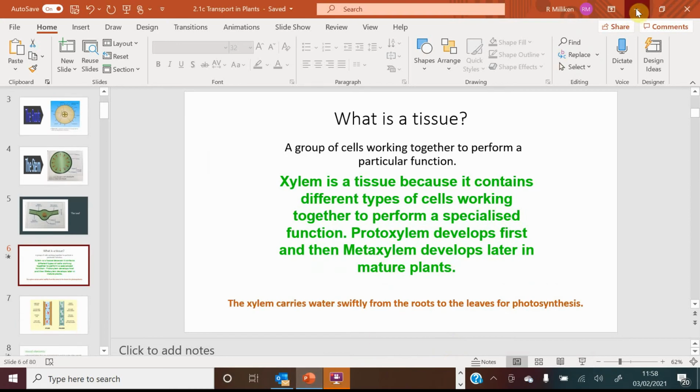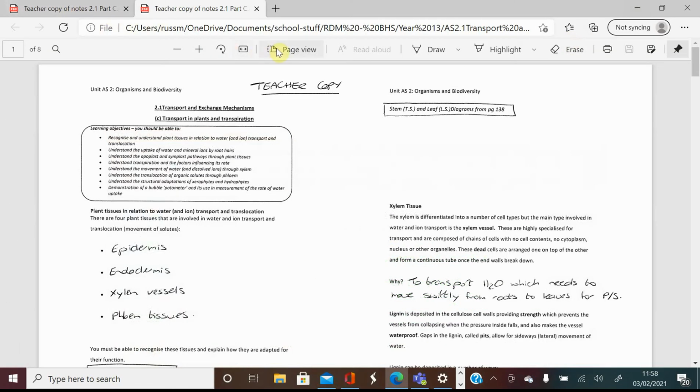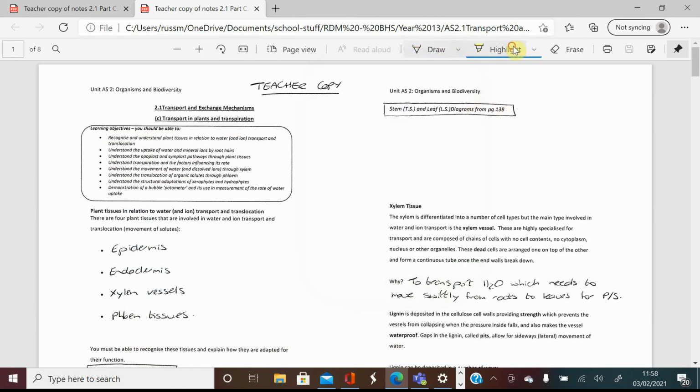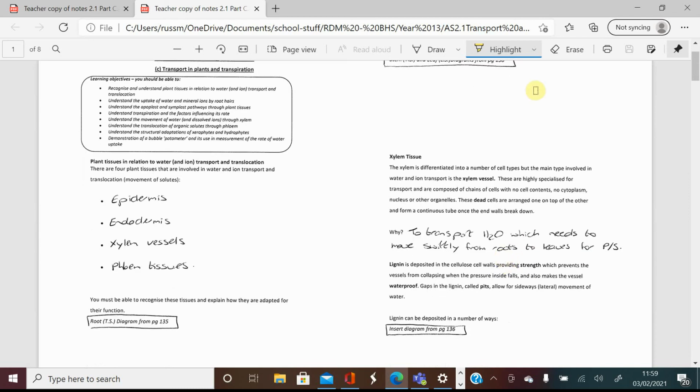And let me just see if we can do that. I'm going to add a little bit of drawing onto this, mainly because I think I can. And we'll do highlight. Okay, and it says here, okay, so highly specialized, so no cell contents. Now I can hopefully get this to work. No, it's not for some reason.